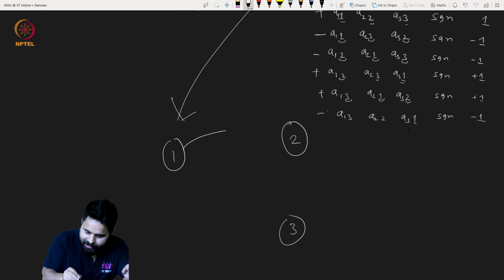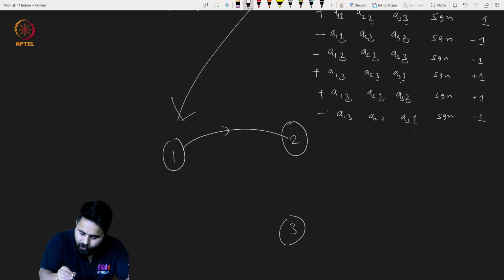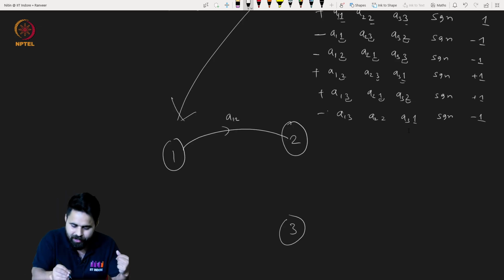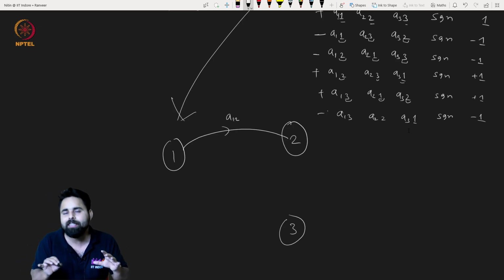So for example, this edge will be A12, and you see that this is weighted. Whatever the value of A12, that much weight we will put on the edge from 1 to 2.